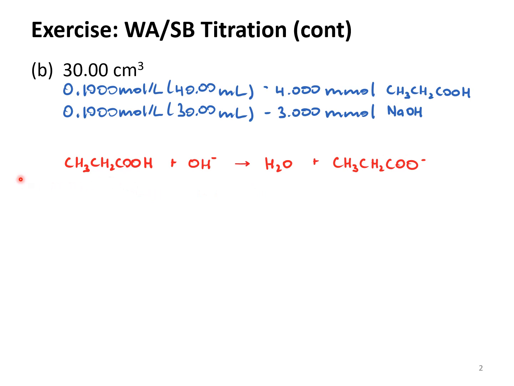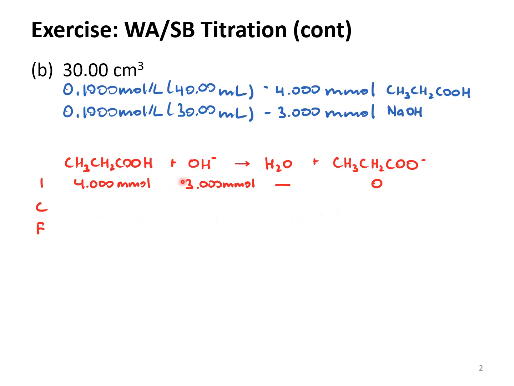Next step in the calculation is to tabulate the initial, change, and final number of millimoles for each of the species. So the initial number of millimoles of propanoic acid is 4 millimoles, and the initial number of millimoles of hydroxide is 3 millimoles. Water is a pure liquid, so we just put a line through it, and we start with 0 millimoles of propanoate.